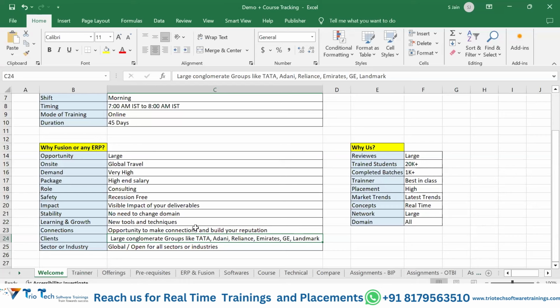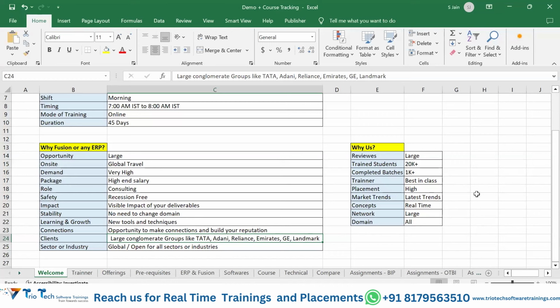So you will always get a chance to work with bigger conglomerates or very large scale organizations, and this particular tool is a global tool that will fit into all sorts of industries, whether it's the hospitality industry, a research institute, the cargo industry, the aviation industry, or the educational industry. So you will get an opportunity to work with any sort of largest organization in the world. Majorly all the major organizations are using Oracle Fusion as their major tool.